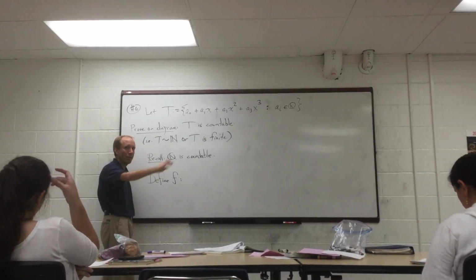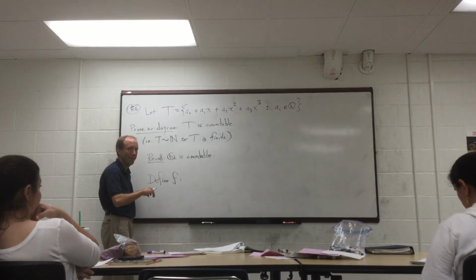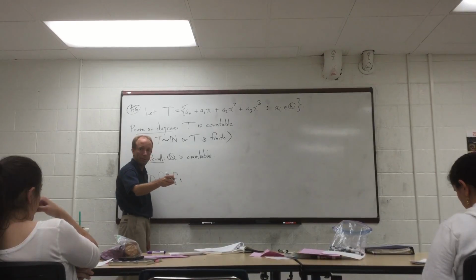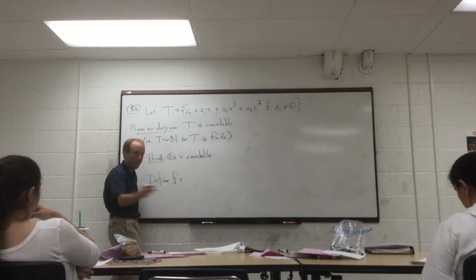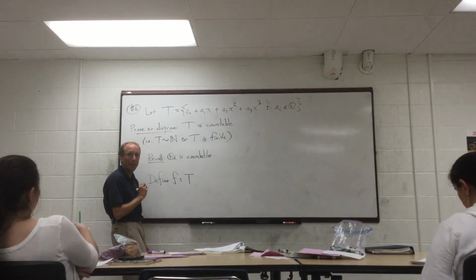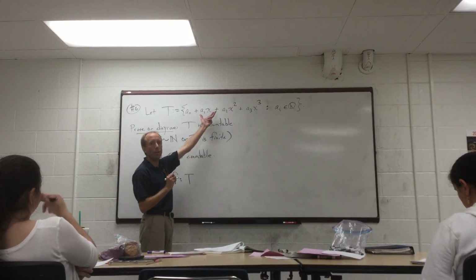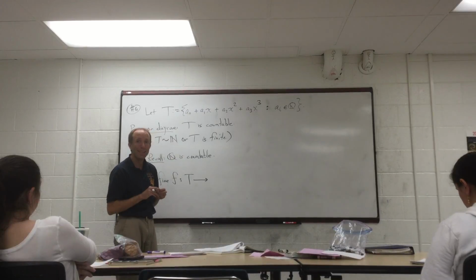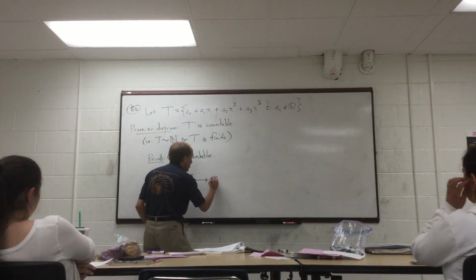So what's the domain and codomain of my function? The domain would be Q, right? No. T is the domain. So you input one of these, and then you spit out Q times Q times Q times Q.